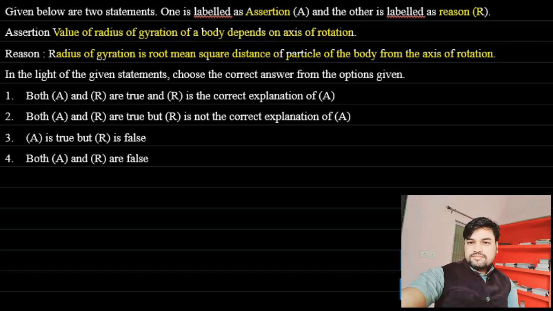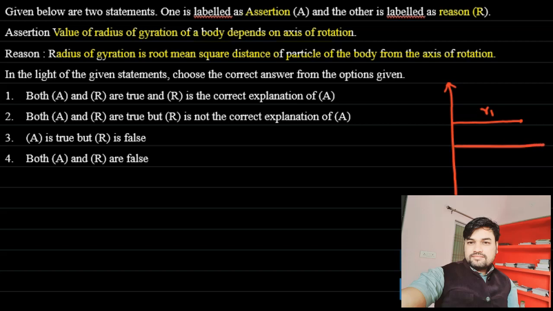So let us draw the axis of rotation. This is the axis of rotation, and suppose there are n number of particles and all the particles are at different distances from this axis of rotation. Let us suppose particle 1 is at a distance r1 from this axis of rotation.